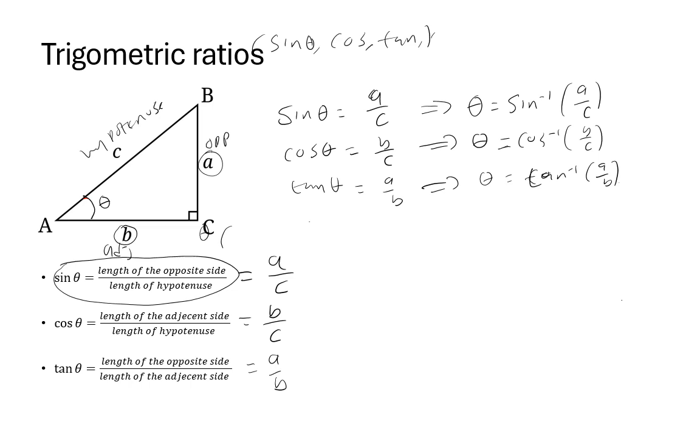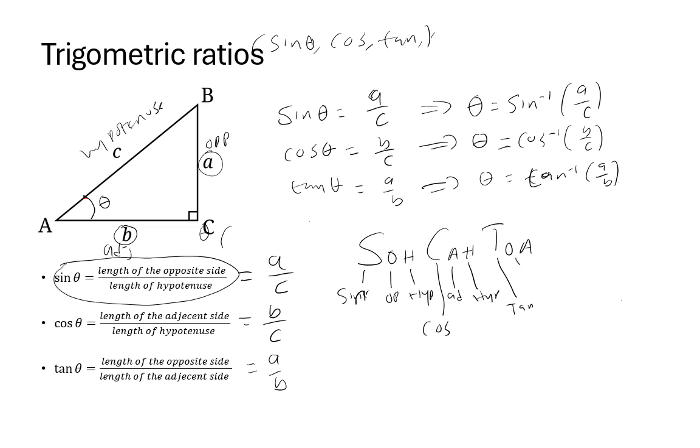And from here we have a mnemonic in order to understand this, which we call SOHCAHTOA. Sine is opposite over hypotenuse, cos is adjacent over hypotenuse, and tan is opposite over adjacent. This is just a mnemonic to easily memorize the trigonometric ratios.